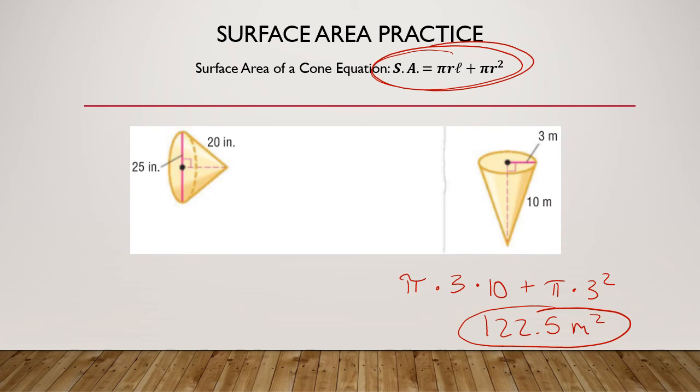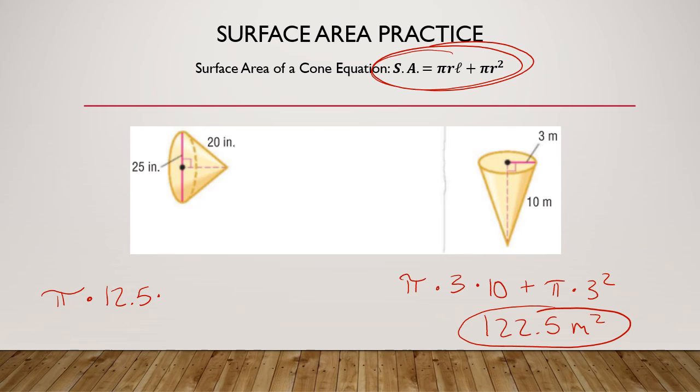I'm going to replace the numbers that I'm given within the first example into the equation. So I have pi times the radius, which is going to be actually 12.5. I took 25 divided by 2 in order to get half of the diameter there.